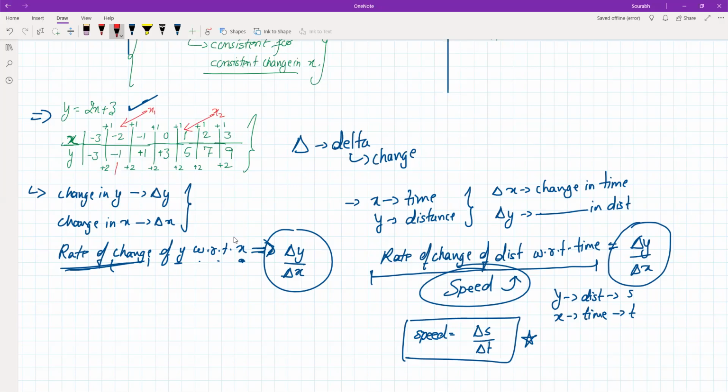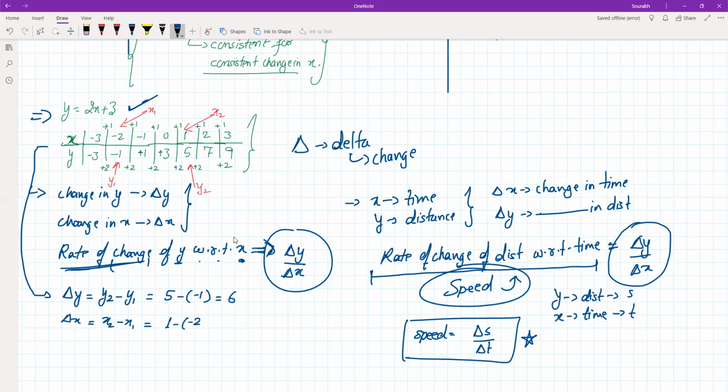Corresponding to these, this is y1 and this is y2, right? Now in this example, if I ask you what is delta y for those two points, that is nothing but y2 minus y1. That is 5 minus -1, or 6. And what is delta x for the corresponding points? It will be x2 minus x1, where x2 is 1. So 1 minus -2, that is 3.